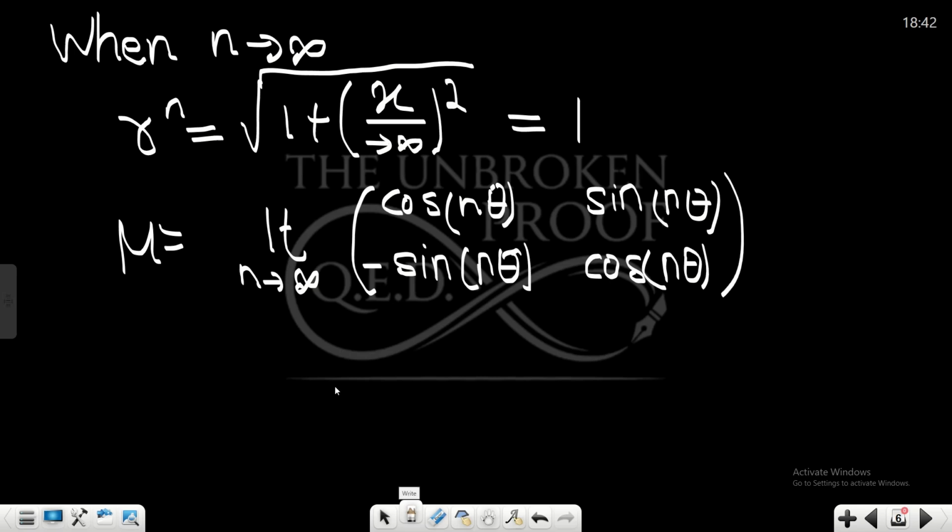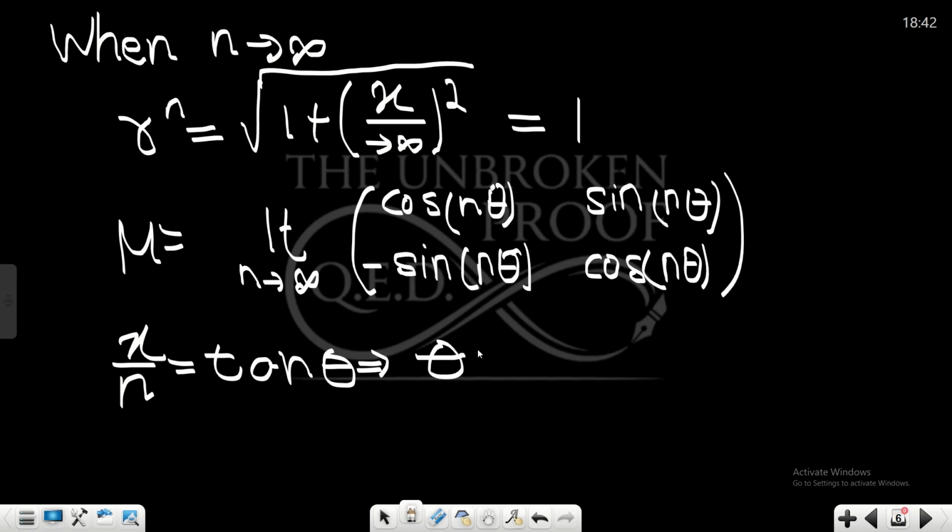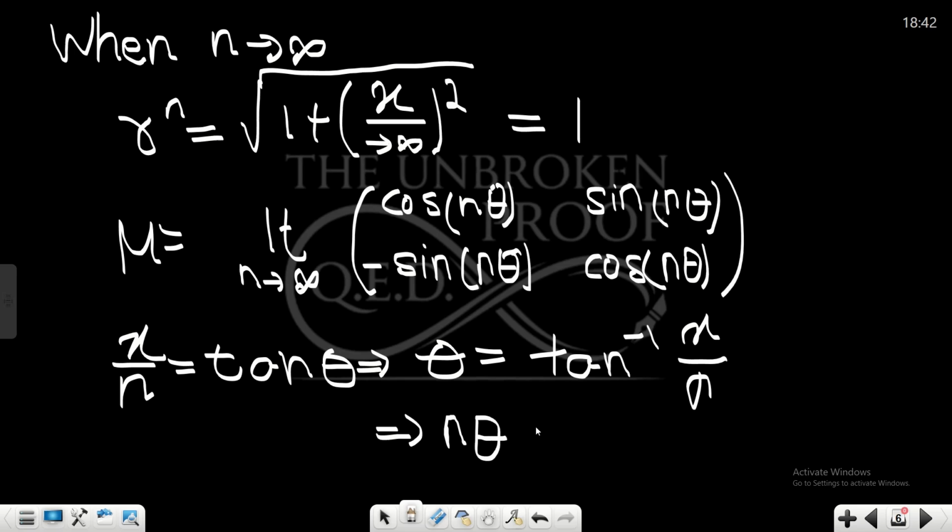Now we know that x by n can be written as tan theta, right? Because we assigned this in the initial step. So this implies that theta is equal to tan inverse x by n, and this implies n theta is equal to n tan inverse x by n.